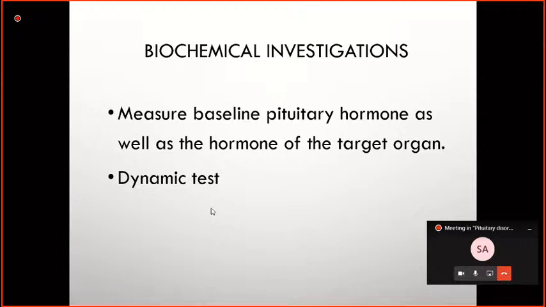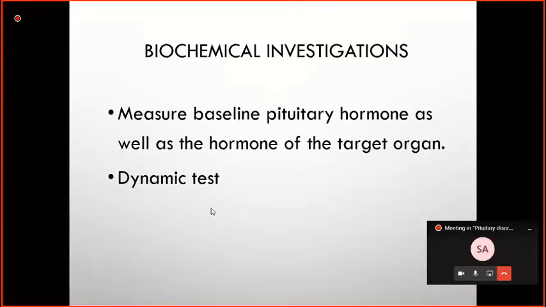So this will give a better picture of whether there's hyperpituitarism or hypopituitarism, because you should understand the regulation, the negative feedback and all that. Whenever you have a deficiency in some pituitary hormone, because of the negative feedback, that hormone might be normal because the regulation already normalized it.